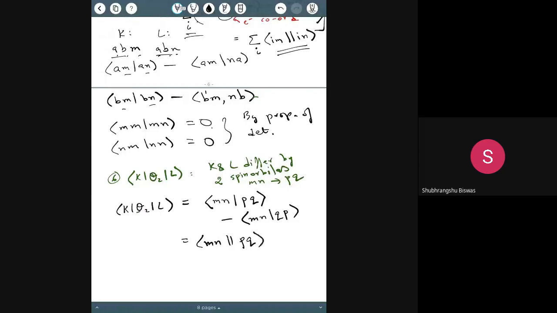Okay. So when they differ by two spin orbitals, the sum over I over here also disappears, and you only have one matrix element. So direct and exchange.